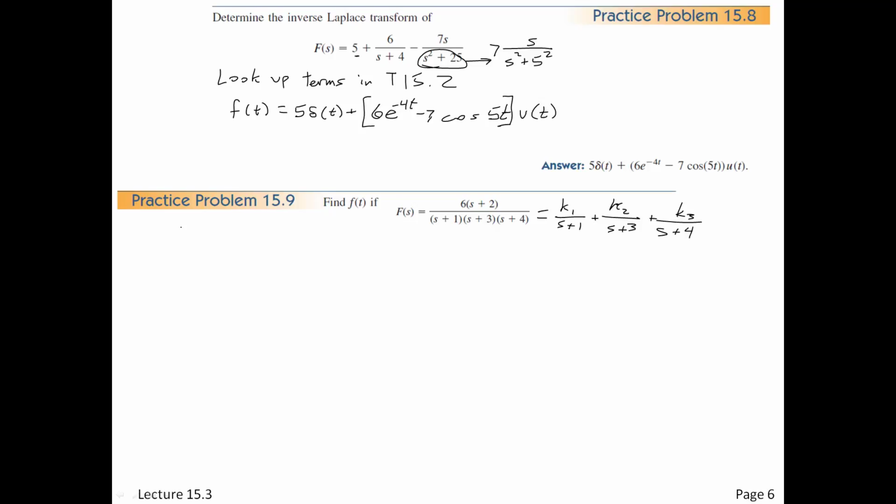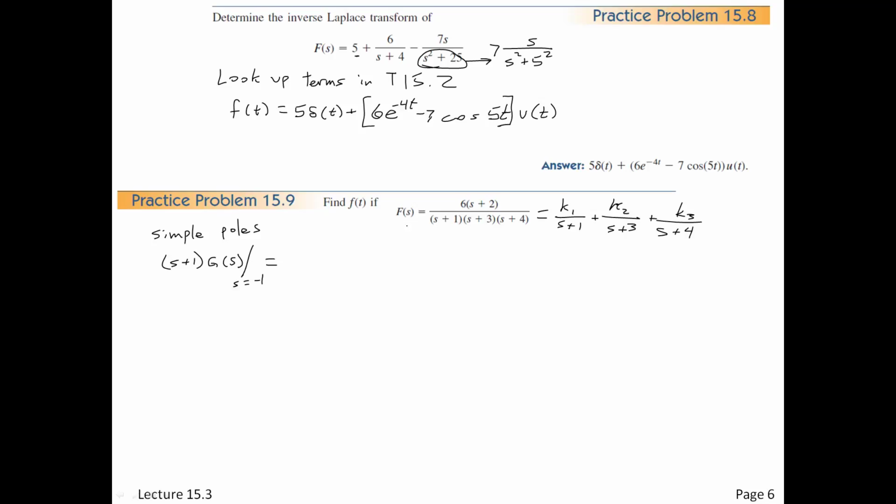We have 3 simple poles, right? This is the case of simple poles. So we're going to take s plus 1 times G of s and evaluate that at s equals minus 1. So what does that come to?